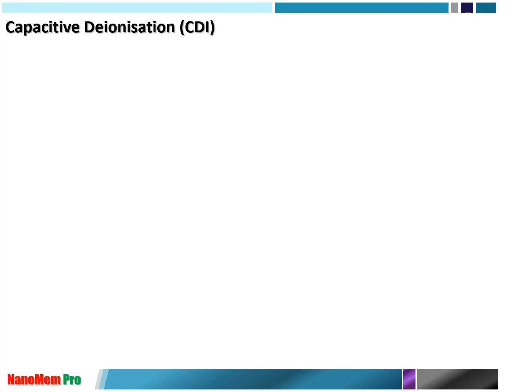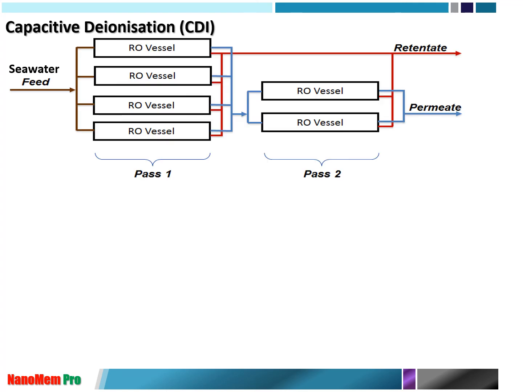Also, CDI, capacitive deionization, can be utilized. With first pass and second pass, you have very good water quality, but still this permeate has high salinity.